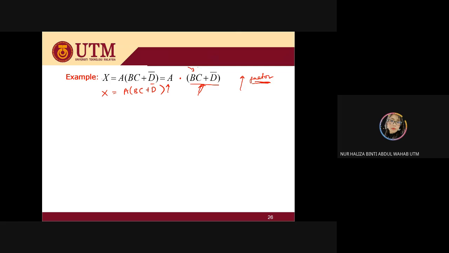Inside this, there is multiplication and there is addition. So we will do this part first. Let's say for me, I'm going to do B multiply with C, and I have this part with my OR adding with my D bar. Okay, just ignore, maybe after this you can see. Okay, let me show you the very basic one.